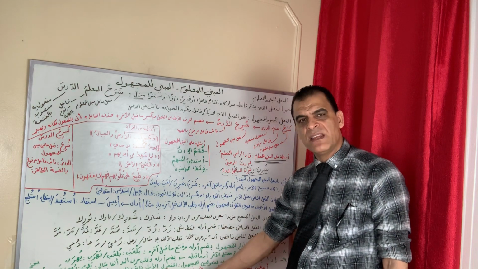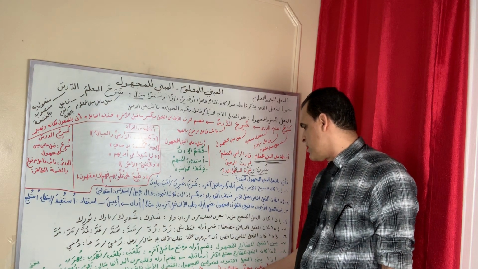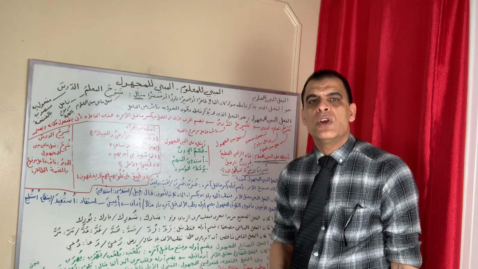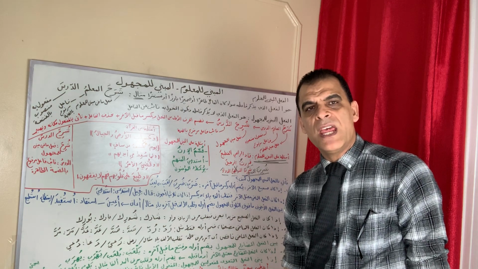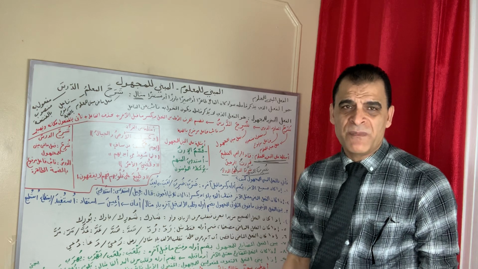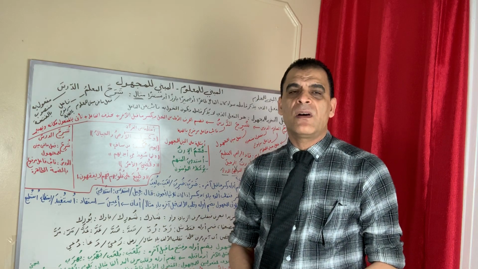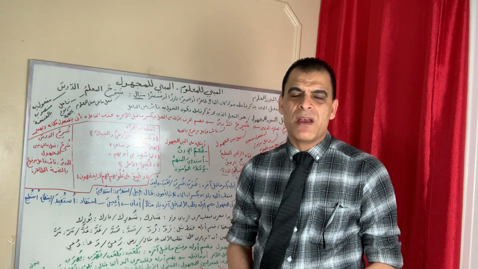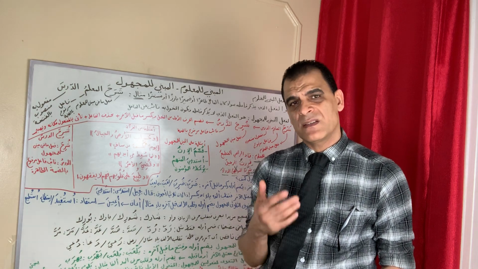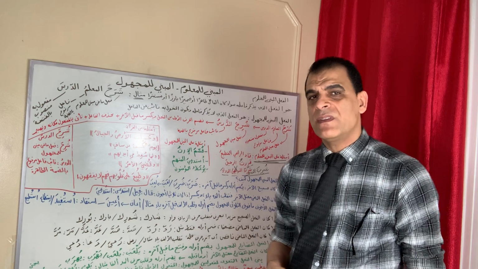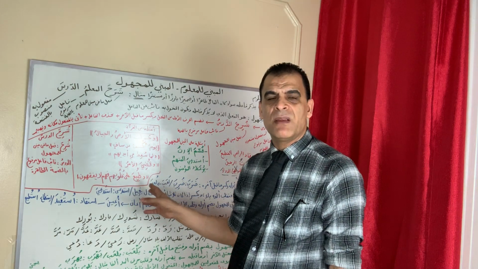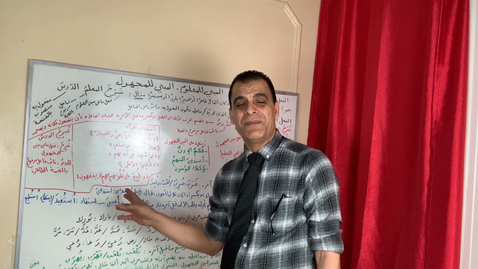Before it was خالدا, now it's خالد. أعطي خالد مالا. So أعطي is فعل ماضي مبني للمجهول, وخالد نائب فاعل, ومالا مفعول به ثاني. What is المفعول به الأول? It's off. خلاص. So this is about الماضي المبني للمجهول والمبني للمعلوم.